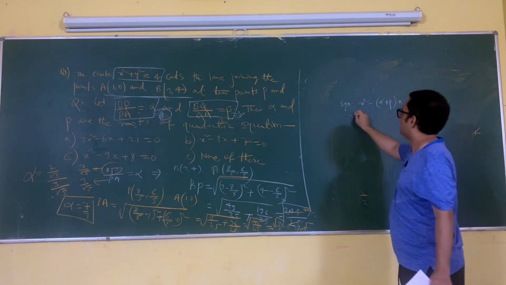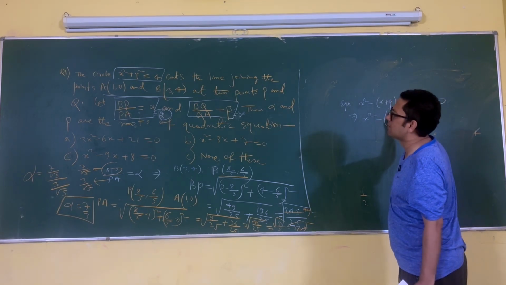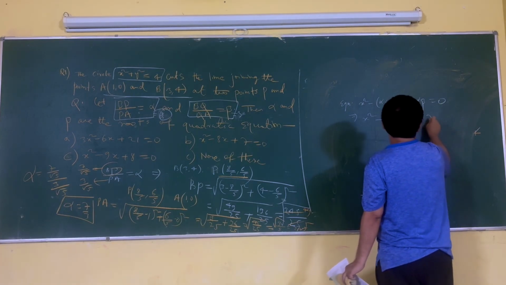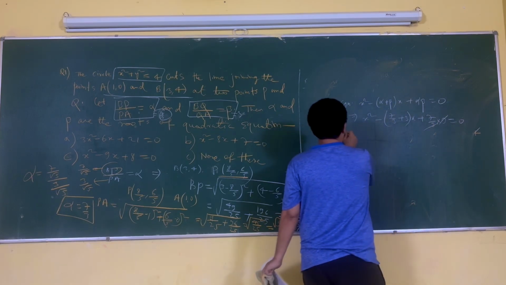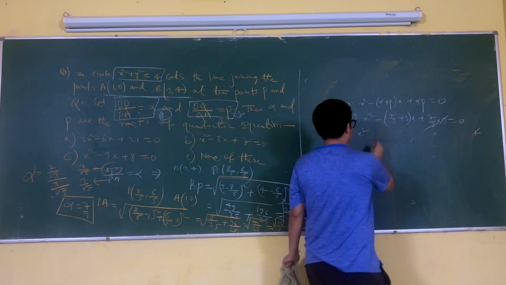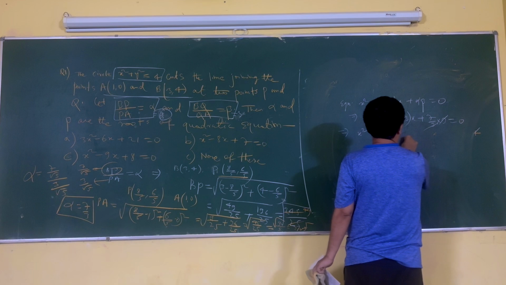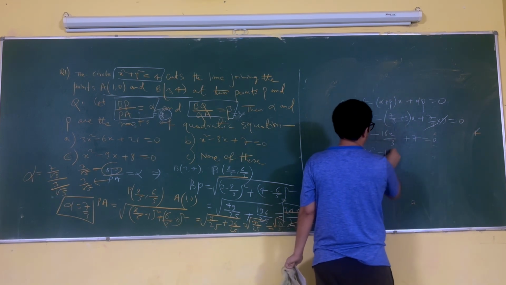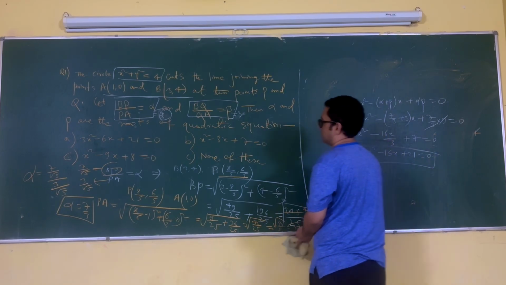So here x square minus, the value here is 7 upon 3 plus 3 times x plus 7 upon 3 into 3 is equal to 0. 3 and 3 got cancelled. So x square, 3 3s are 9 plus 7, 16. So 16x over 3 plus 7 is equal to 0. So 3x square minus 16x plus 21 is equal to 0. So this is the answer of this question.